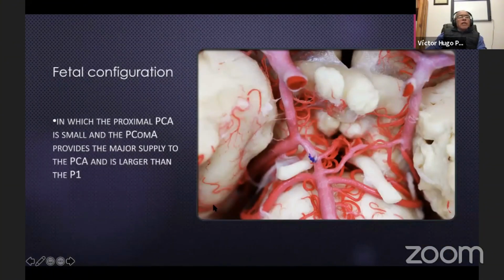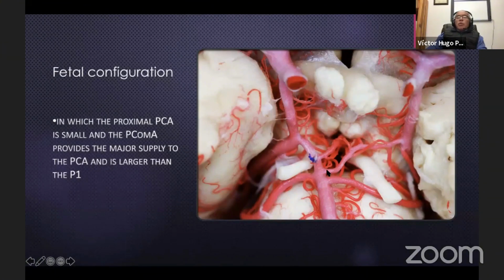You know that fetal configuration is when the proximal posterior cerebral artery, this one, is small, and the posterior communicating artery provides a major supply to the posterior cerebral artery and is larger than the P1. So this is P1. They are very short.